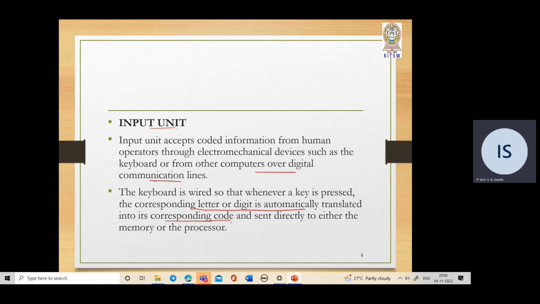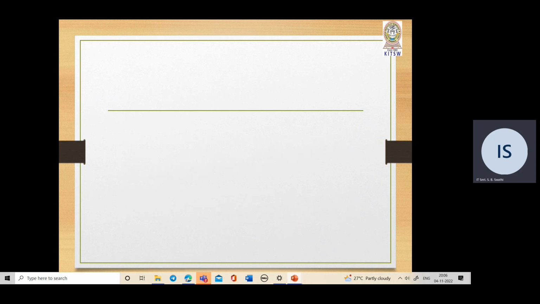That means it will be converted into zeros and ones. A computer never understands our English language. So whatever button you press, whether it is a text or number or any special operator, that will be converted into a machine understandable form, which will be in the form of zeros and ones, and then the processor will start processing the input.